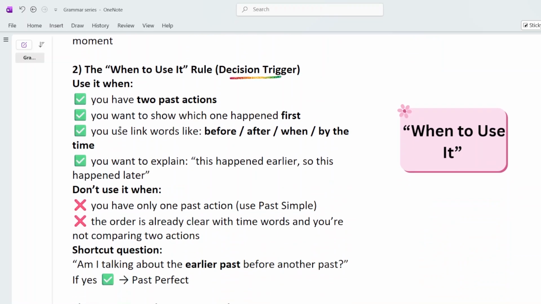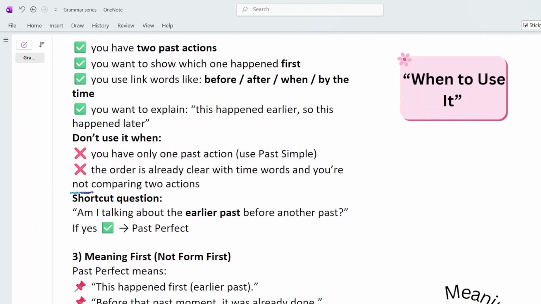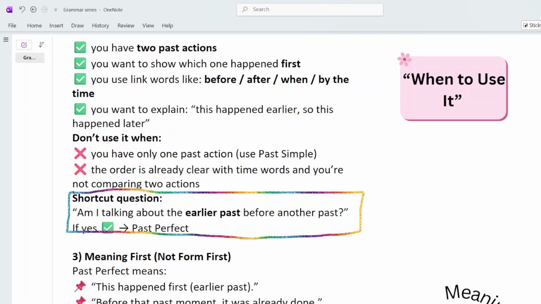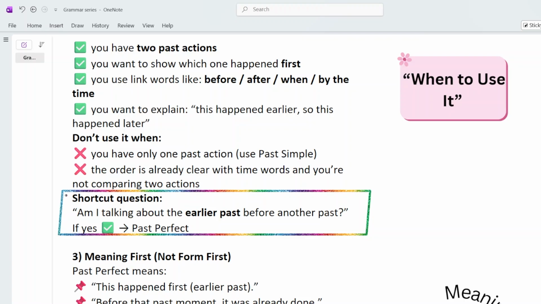I'm going to come to this section a bit later, however, let me just talk about the shortcut question first. What is the shortcut question? Am I talking about the earlier past before another past? In the sense, am I going to talk about one particular action that has taken place in the past before another action?